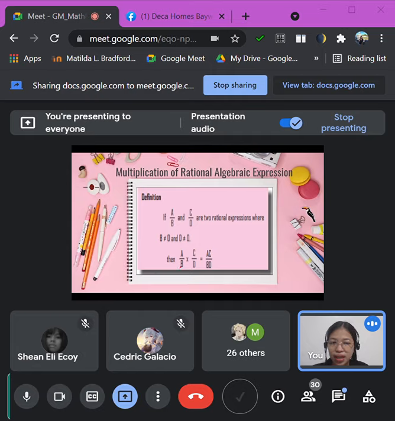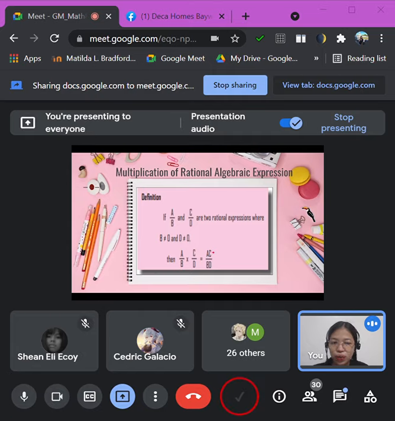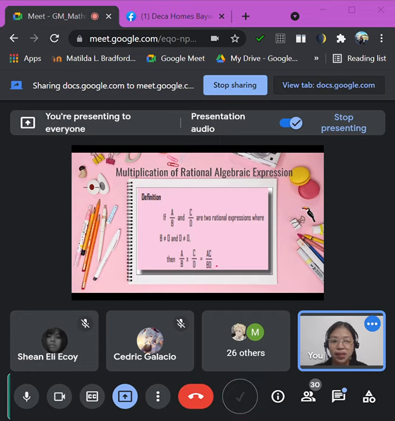A over B times C over D is equal to A times C over B times D. So as you can see, class, if you mastered your multiplication of fractions when you were in grade 5, grade 6, or maybe grade 7 as well, this would be helpful for you. And it will make your multiplication of rational algebraic expression easier.